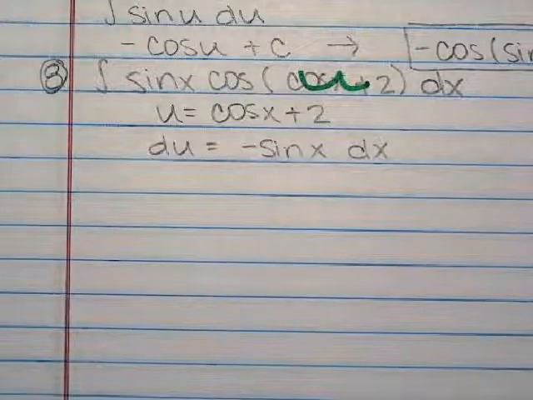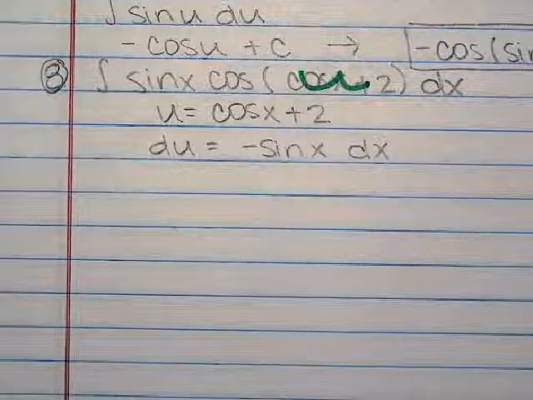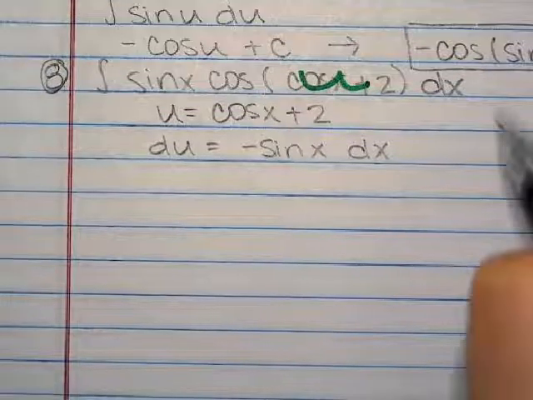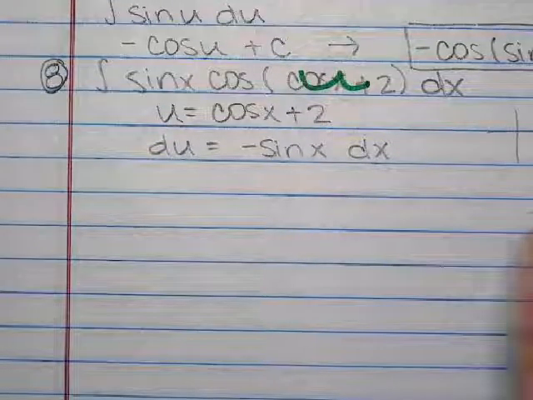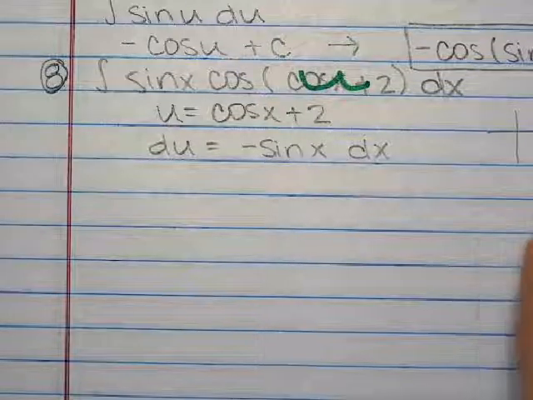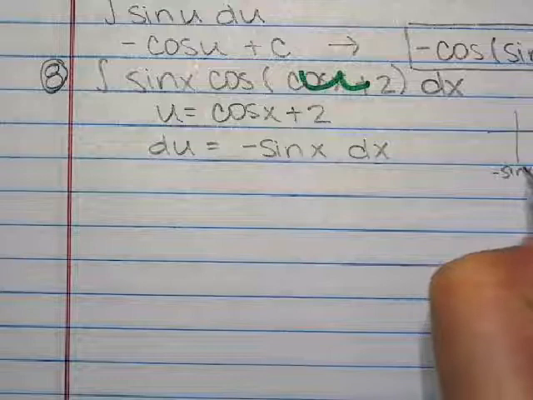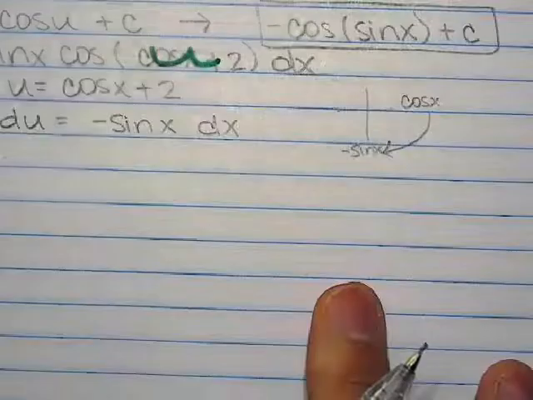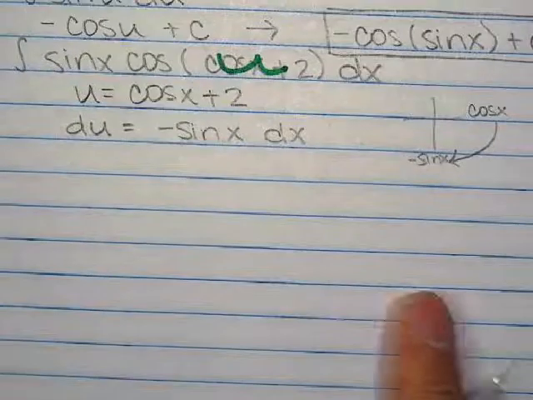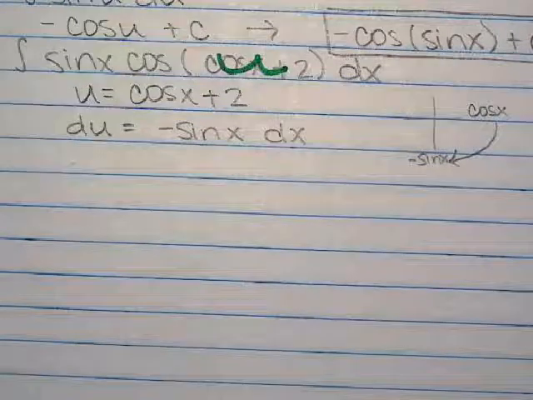It'd go that way for the derivative. Yeah, so there's a sine in the problem, but not a negative. So we're going to divide by -1. So negative du equals sine x dx.